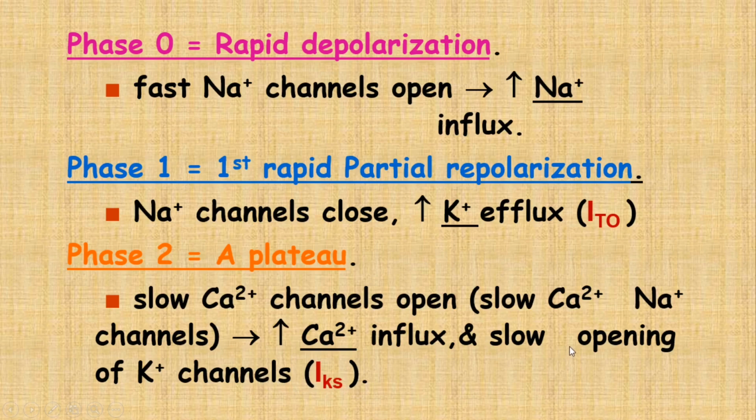So the potassium channels are open, so potassium ions are going out and calcium ions are also coming in because of the opening of the slow calcium channel, or L type calcium channel. Because calcium is coming in and potassium is going out, the membrane potential will not change so much, so that is the cause for the plateau phase.